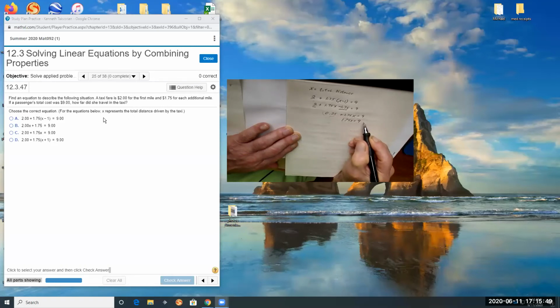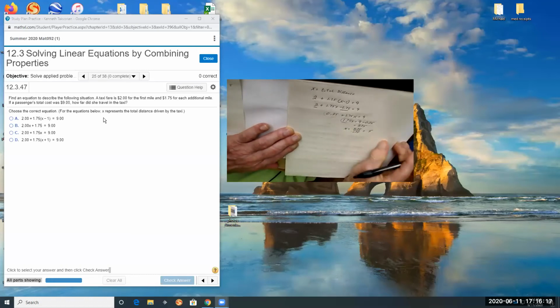When I move the 0.25, it becomes a negative 0.25, which gives me a total of 8.75. Now to find what x is, we have to divide both sides by the coefficient. So x is equal to 8.75 divided by the coefficient of 1.75, and we come up with a value of 5. 5 represents the total miles driven.